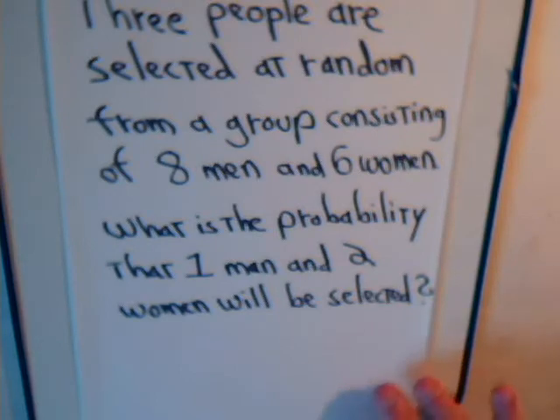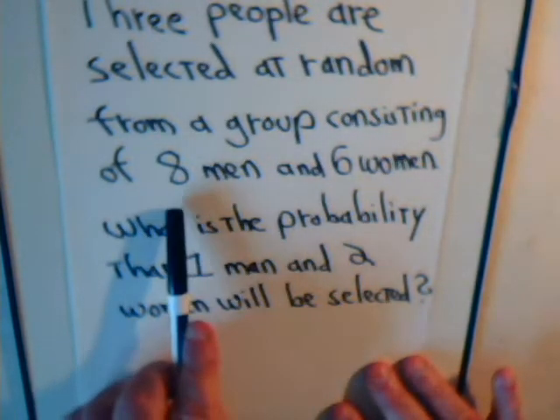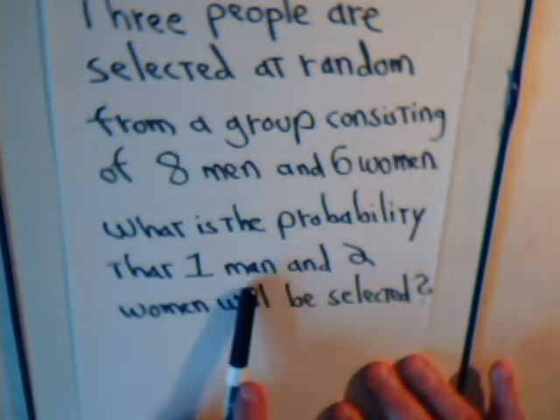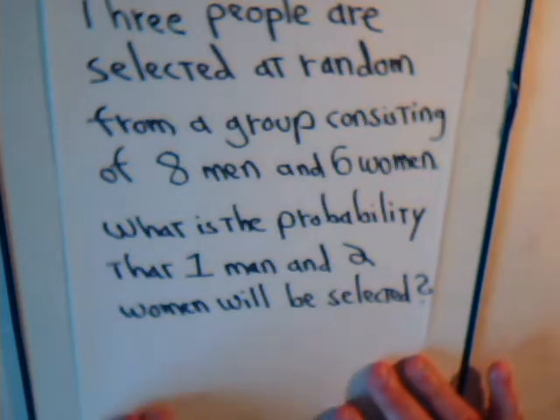So again, we have 14 people total, 8 men and 6 women. We're going to select 3 of them at random. What is the probability that in that subgroup of 3 people, it will have 1 man and 2 women? That's the problem we want to solve.